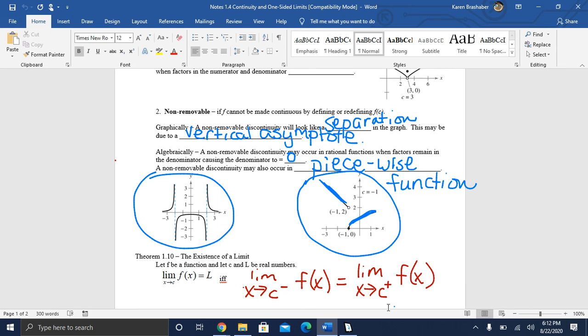So that must be true for condition number 1 that I stated at the beginning to be the case.